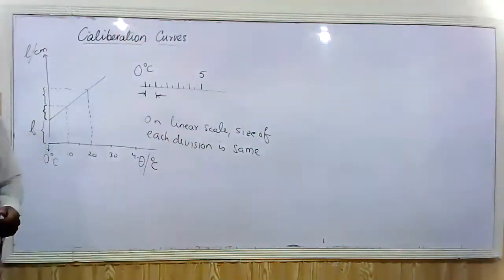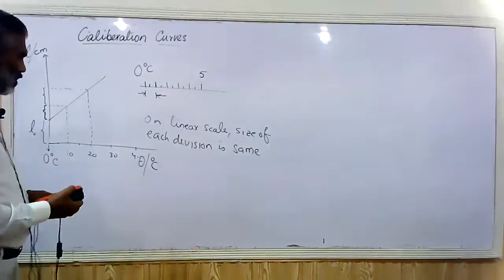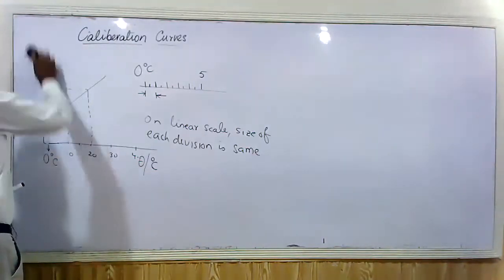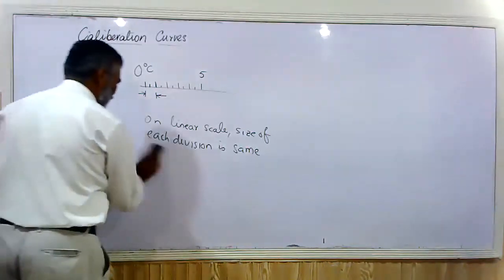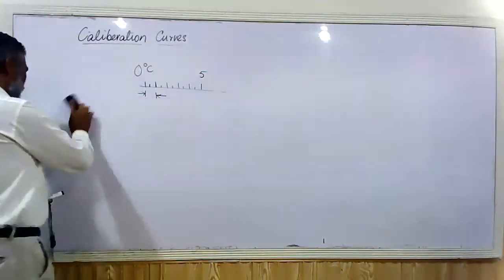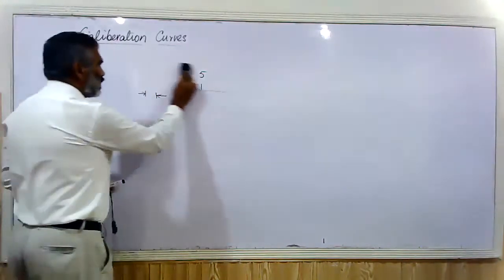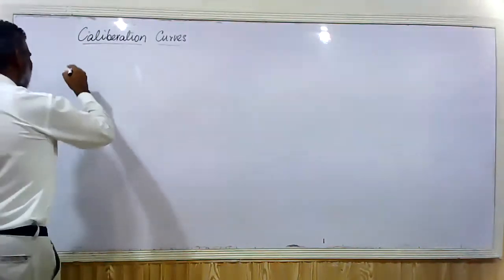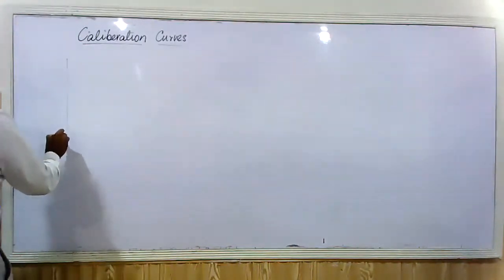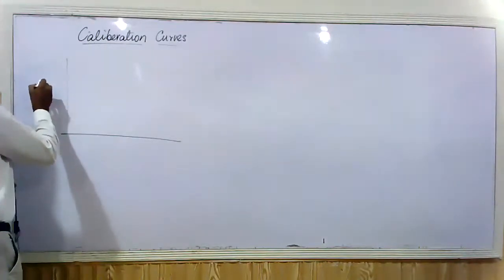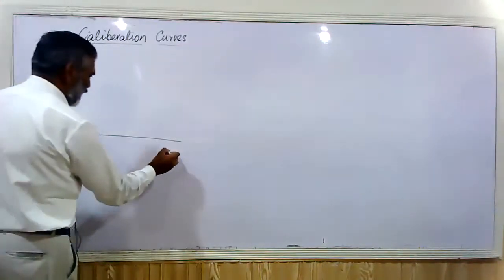So let's have a look at an example of non-linear change. Suppose in another type of thermometer, we are studying the change in resistance with temperature.